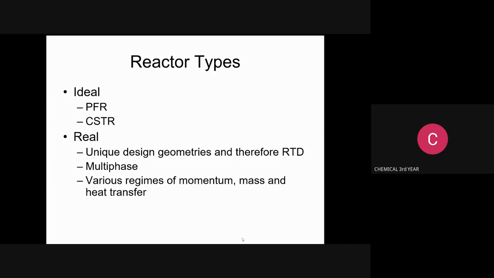We have to fully know about heat transfer, mass transfer, momentum, how the equipments are designed, and what the process operating times are. We have to study all the steps in reactor design.